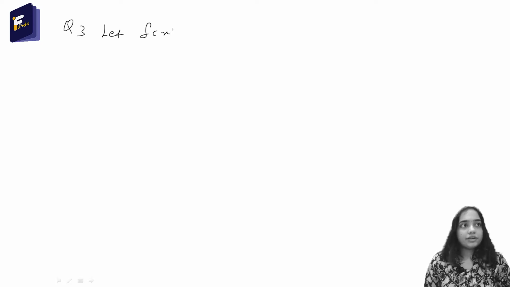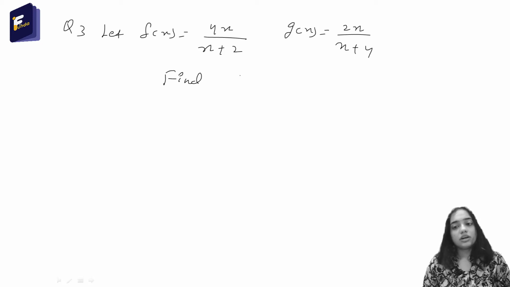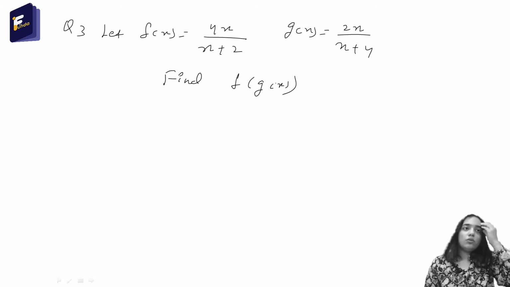Let f of x equal 4x by x plus 2 and g of x equal 2x by x plus 4. Find f of g of x. You may pause the video and solve this question. It's a very easy question.